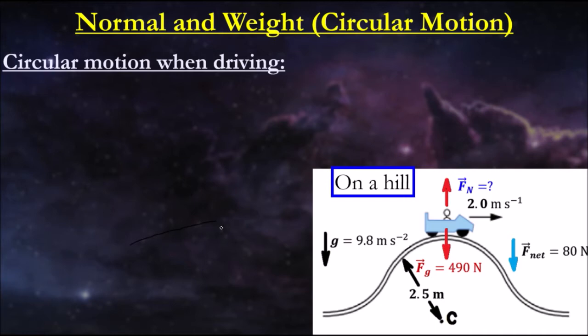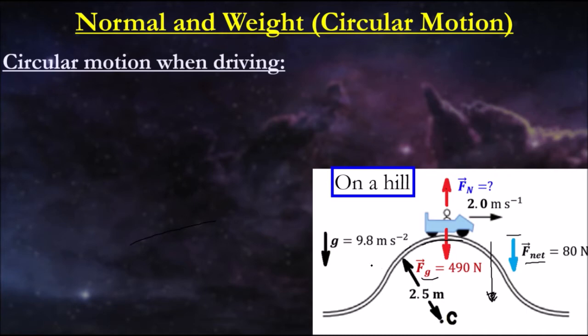All right, so in this scenario, at the very top of our peak, the circle path goes like this. So our net force is going down towards the center here. Okay, down like so. What that means is our net force and our gravitational force are in the same direction.